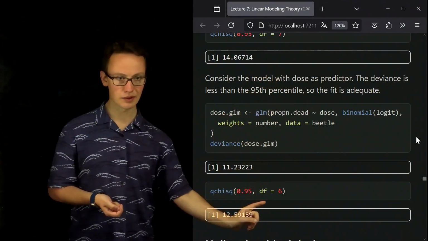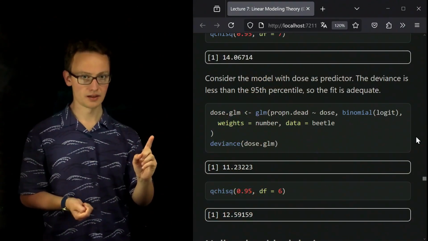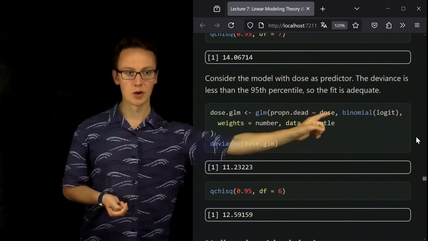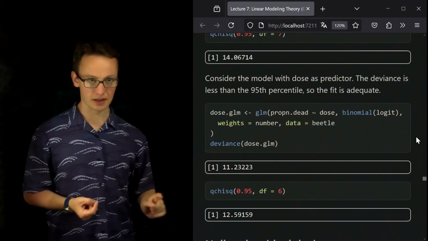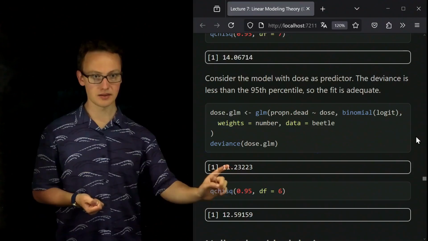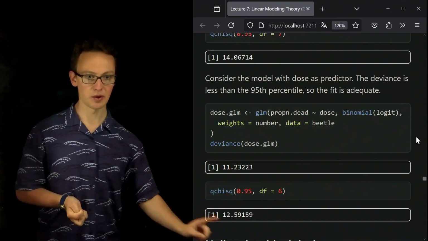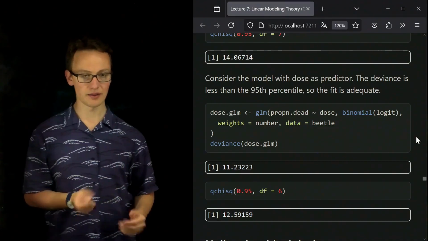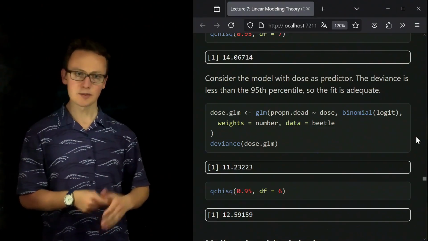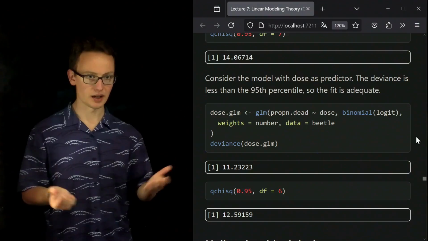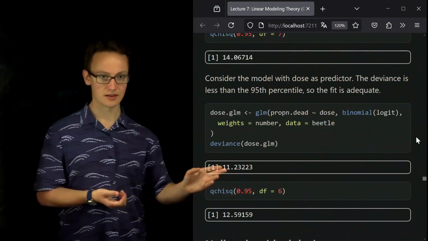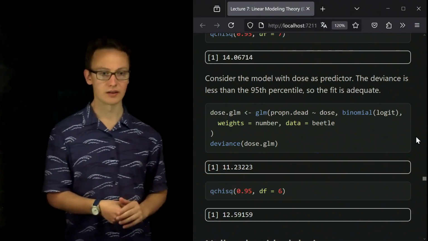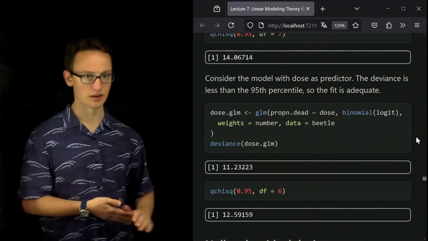The reason being that we've now added one parameter, the slope parameter. But still, the 11 that we get out of the deviance computation is smaller than the critical value. That means that our p-value would be above 0.05, and that means that our model seems to be adequate. It is adequate enough that the deviance does not seem too big in this significance test on the deviance value.